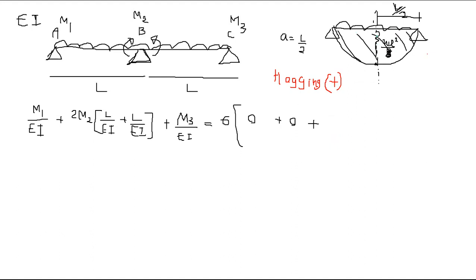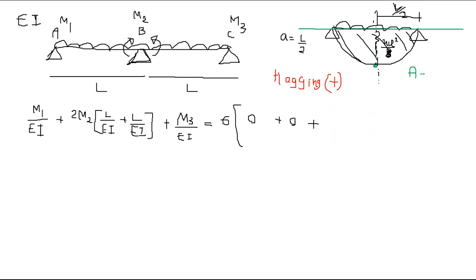It tries to bend the beam downward, with tension at the bottom of the beam and compression at the top. So your area will be negative. If this is your x line, this is underneath the x line, which is sagging. If it is the other way, that's hogging.